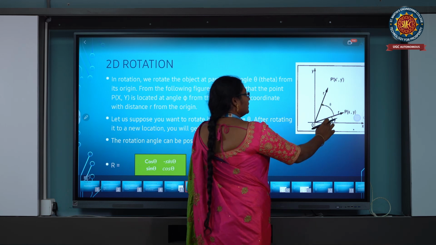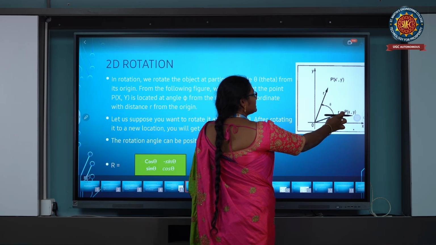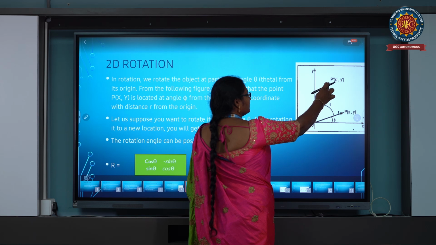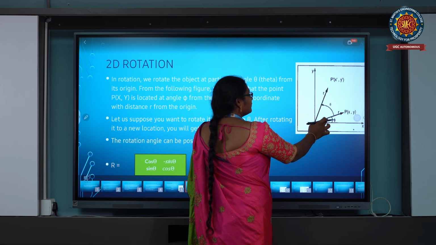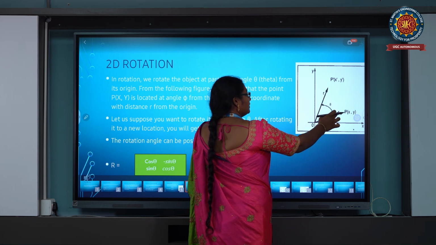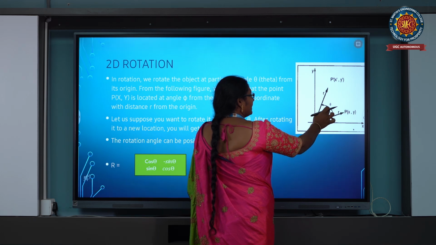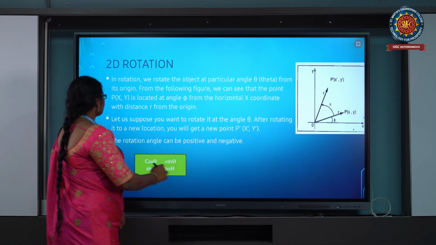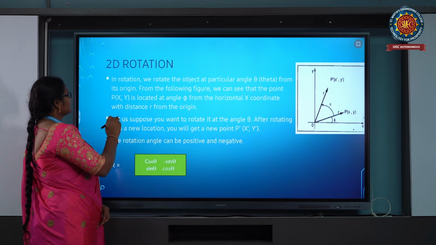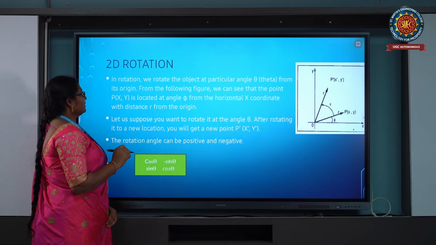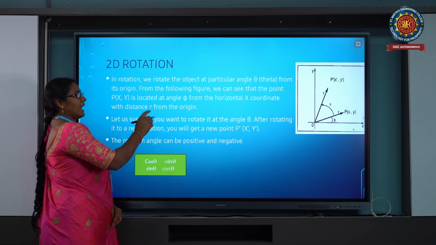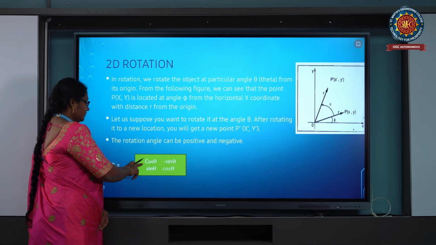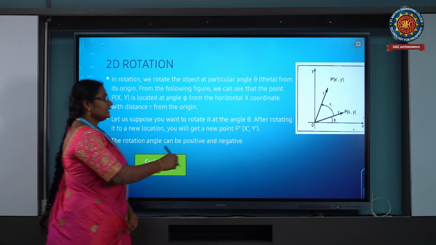So the point P is rotated in a circular path, denoted as point P dash. In rotation, we rotate the object at a particular angle theta.